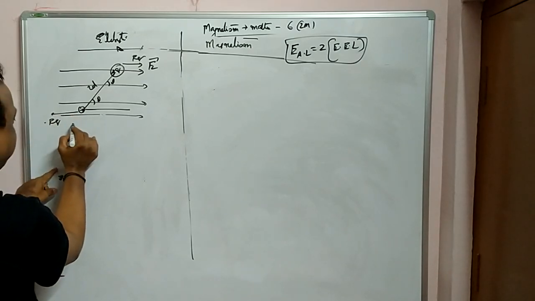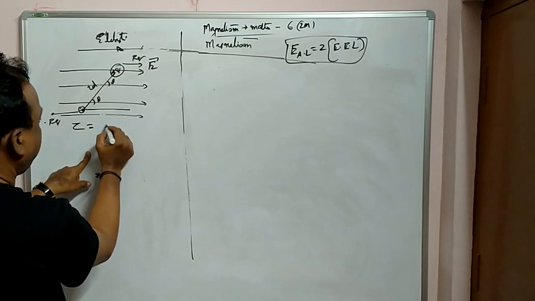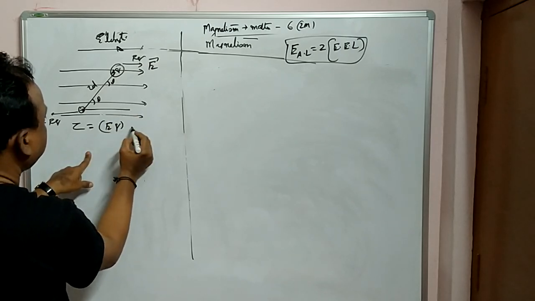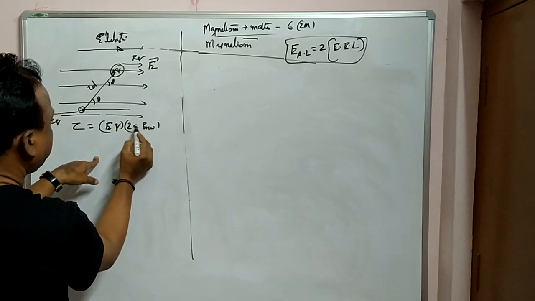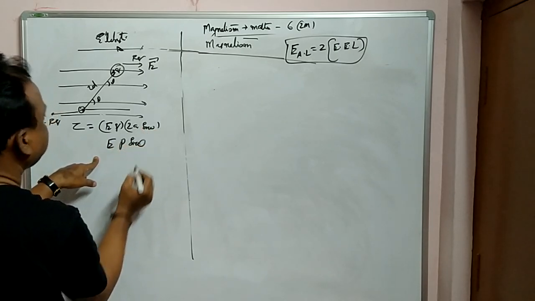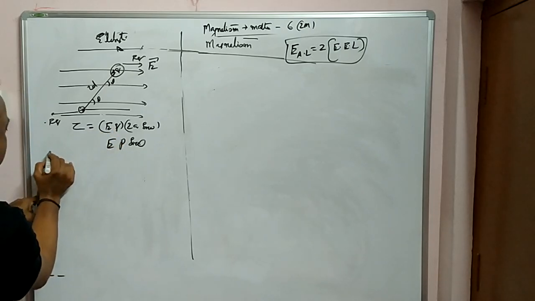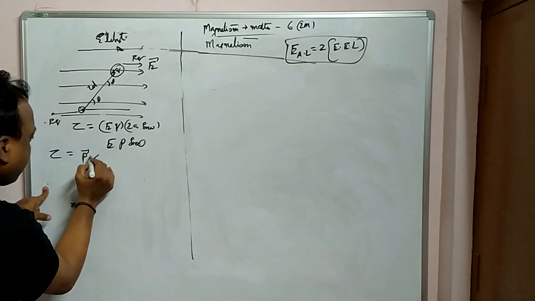So what is the torque acting here? Torque is equal to force into perpendicular distance, which is 2a sin theta here. And 2aq is equal to p, therefore EP sin theta. So torque in electrostatics we got as P cross E.